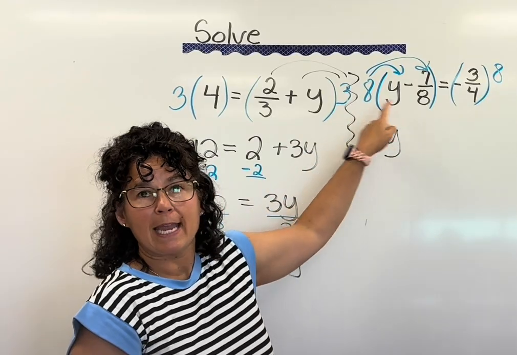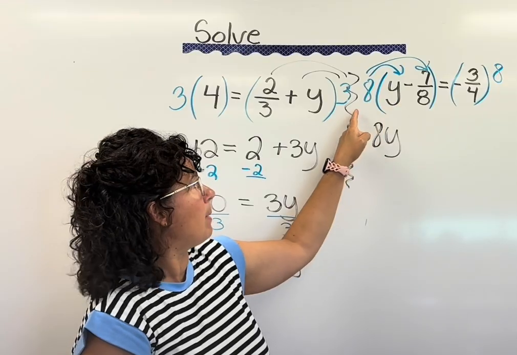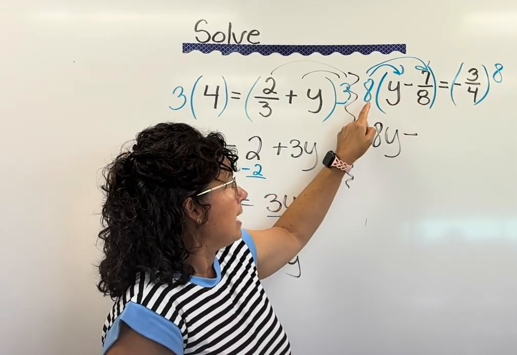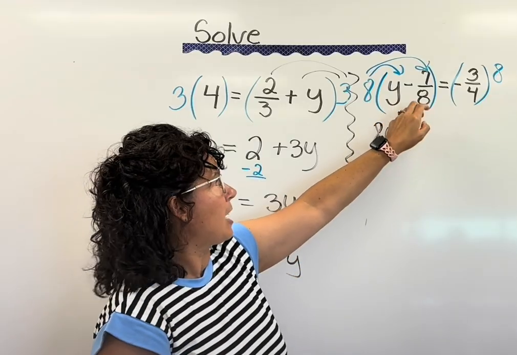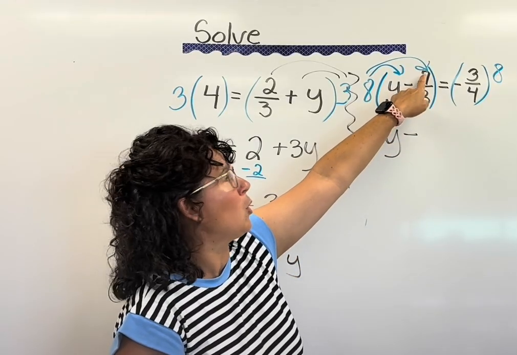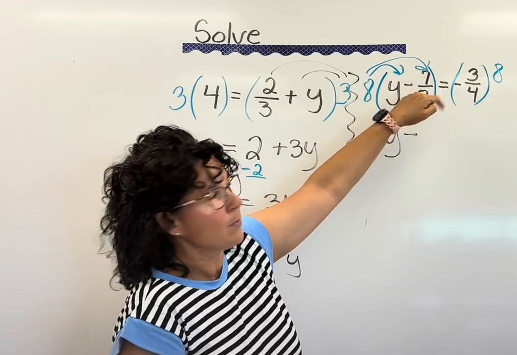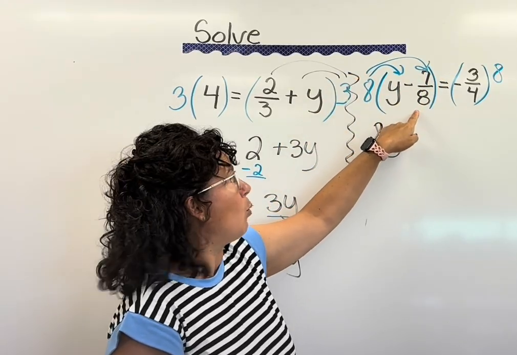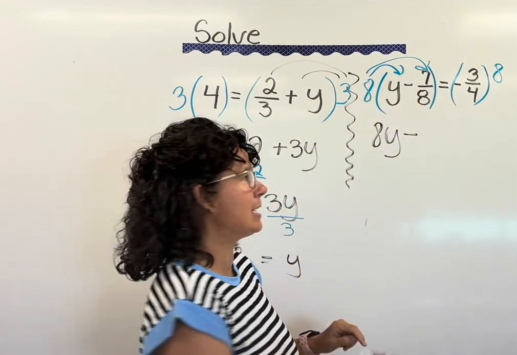Now when you multiply 8 times negative 7/8, a positive times a negative is a negative. And thinking about multiplying by a fraction, again, it's really dividing by the denominator and multiplying by the numerator. So 8 divided by 8 is 1, and 1 multiplied by 7 is 7.